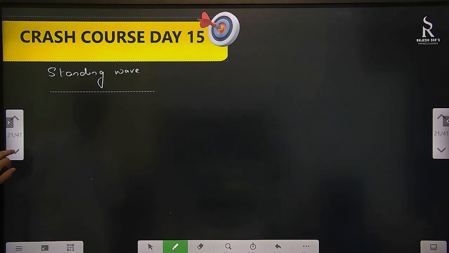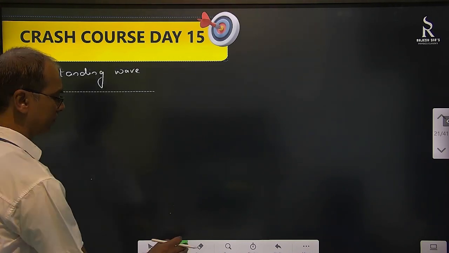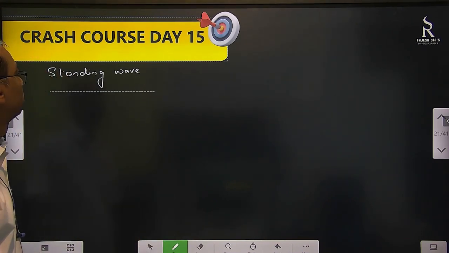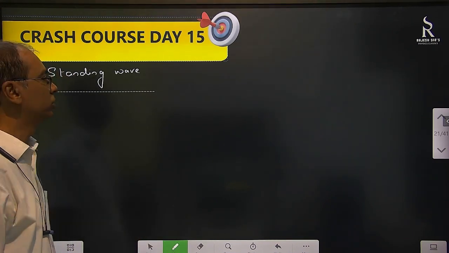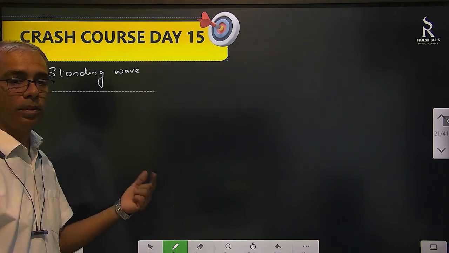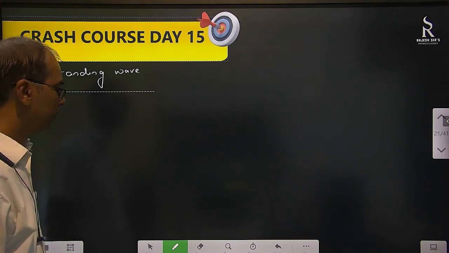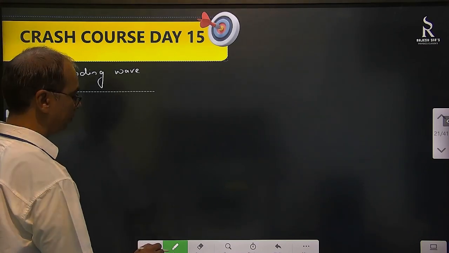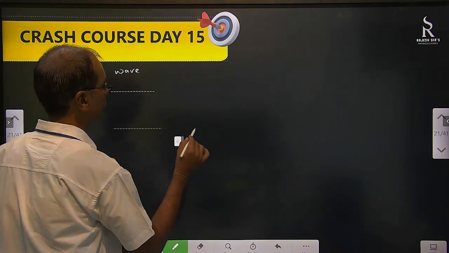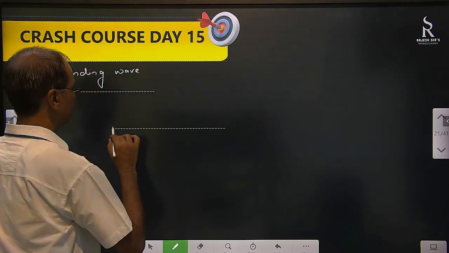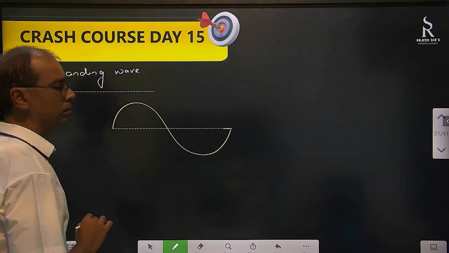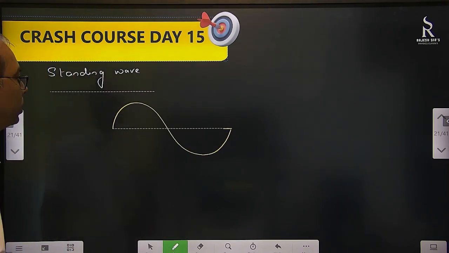Now we have standing waves. Standing waves means interference or superposition of two waves which are coming from different sides. Something like this we can have. One wave is here, like this, coming in this way.